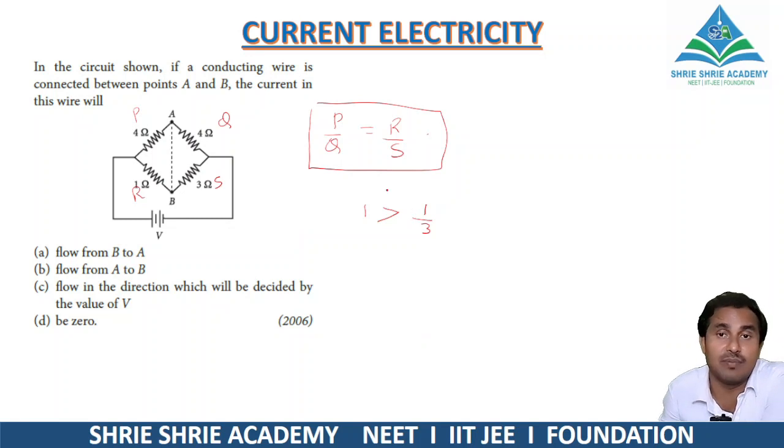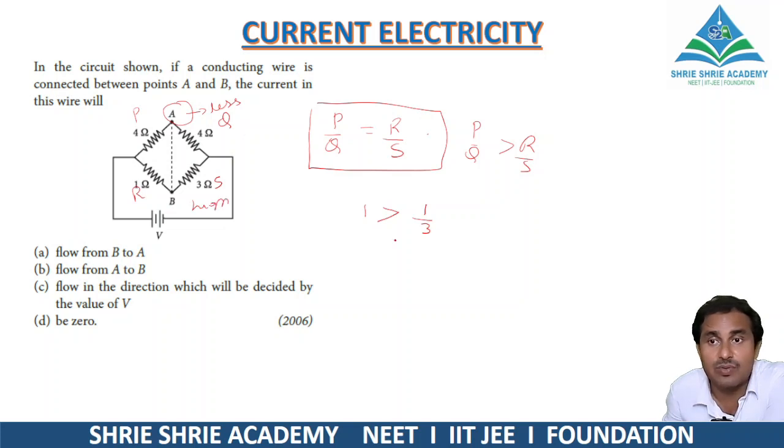1 is greater than 1 by 3. So when P by Q is greater than R by S, meaning the resistance ratio is greater, the voltage will be less. So one side has less voltage and the other has high voltage.